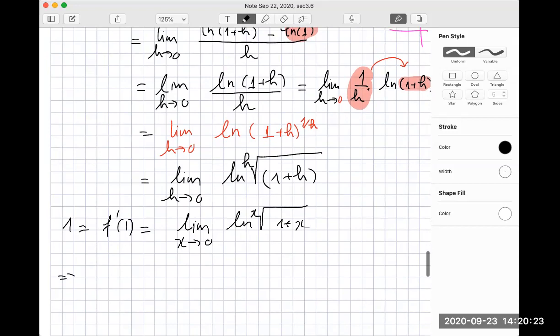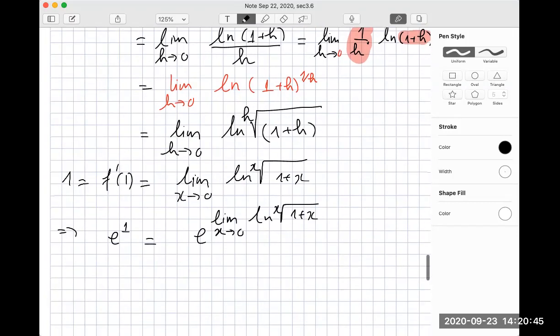So now, if we raise e to the power of both sides, it should be the same, right? We raise e to the power of these two sides. And the power function here is continuous from the limit rules.